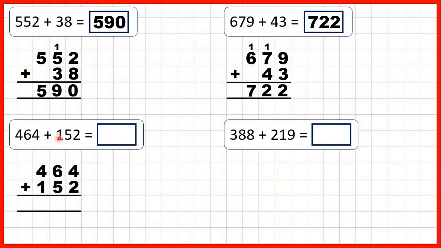Now 464 plus 152. We start with our ones column. 4 plus 2 is 6. We don't need to write anything above because 6 is a single digit or one-digit number. So we can move on to the tens. We have 6 plus 5, and that's 11.